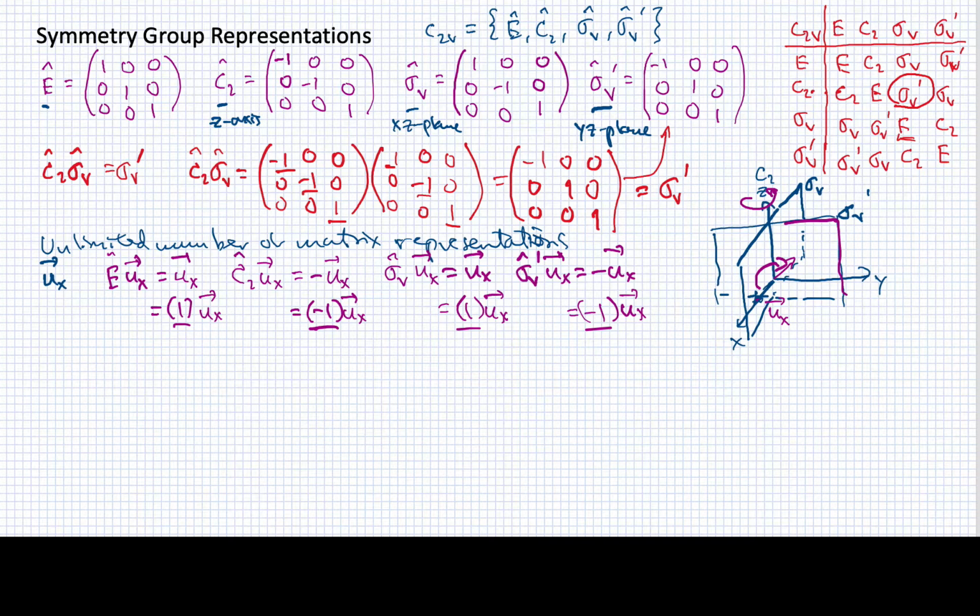Now this may seem particularly simple-minded, but in fact this is a perfectly good representation, and you could show that these four numbers together correlated with these four symmetry operations will also obey this group multiplication table. It's also true that each of these has an inverse, and each of them is its own inverse.